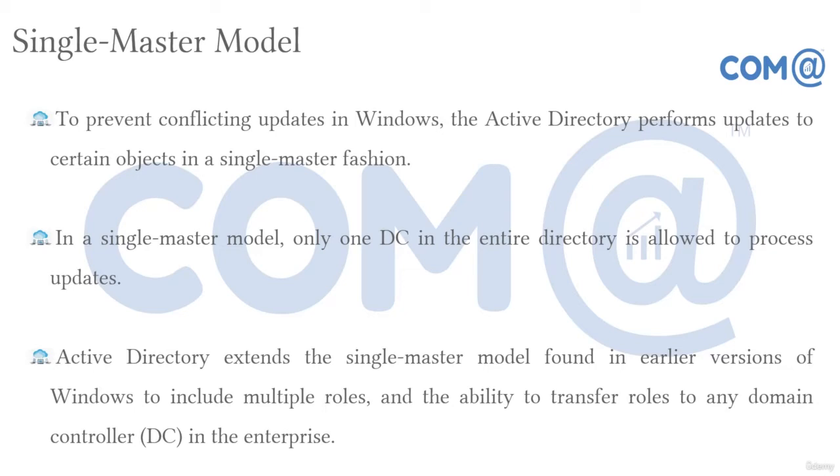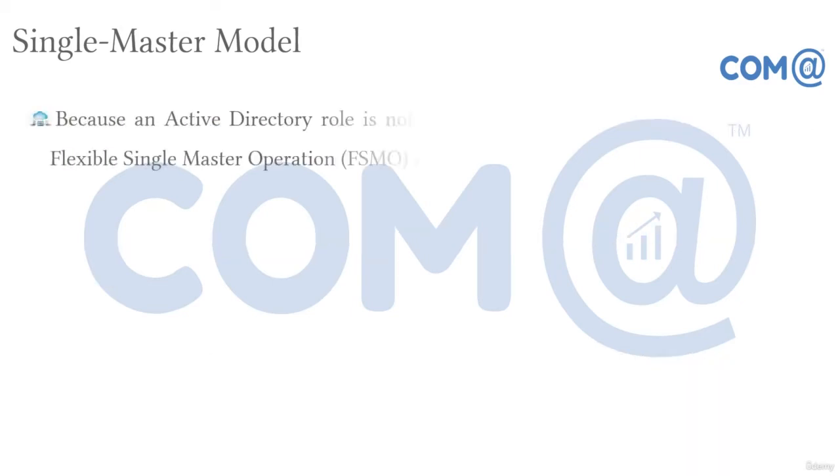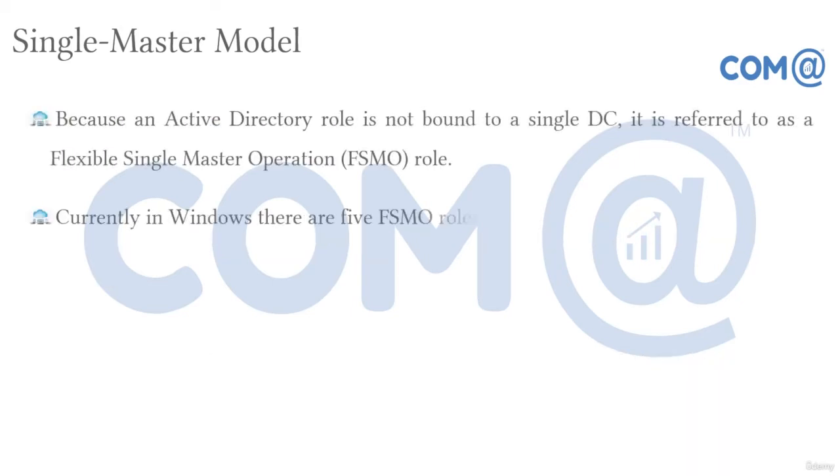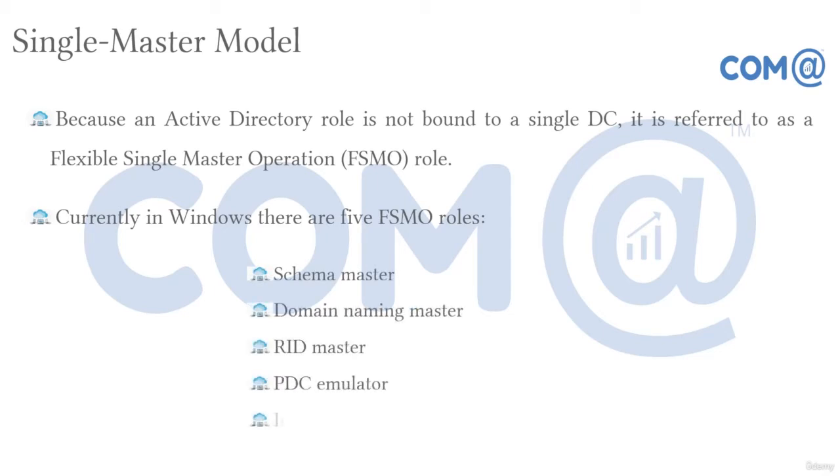Active Directory extends the single master model found in earlier versions of Windows, that is Windows NT, to multiple roles and the ability to transfer roles to any domain controller in the enterprise. Because an Active Directory role is not bound to any particular single DC, it is referred to as a flexible single master operation role.